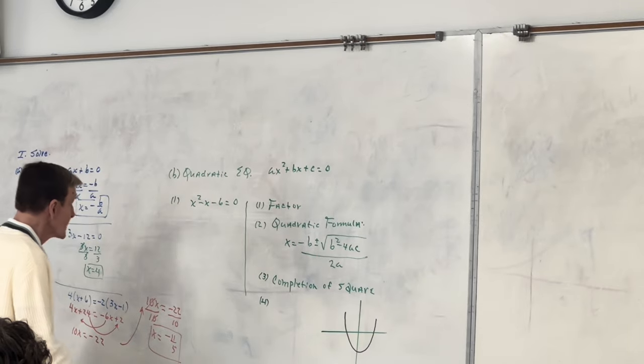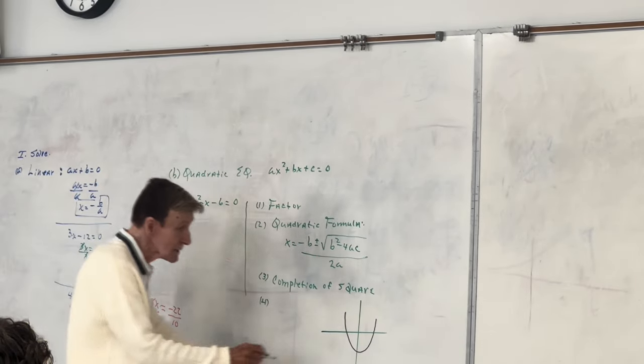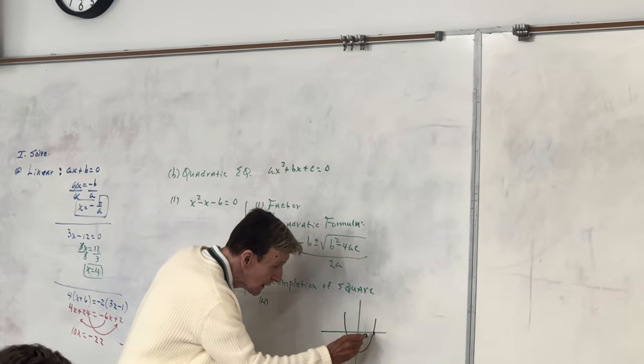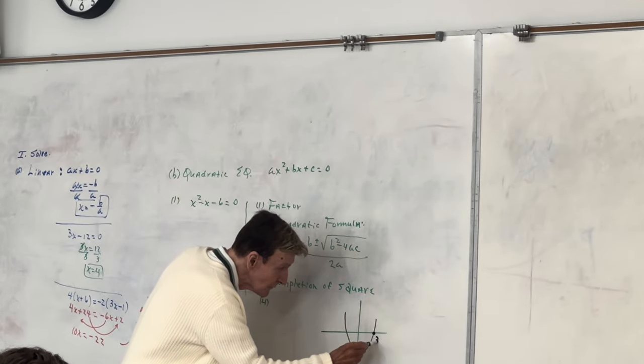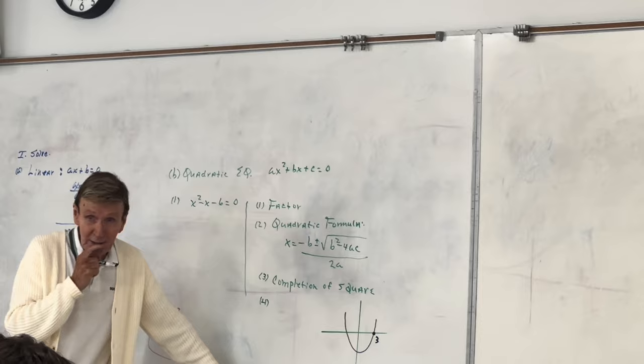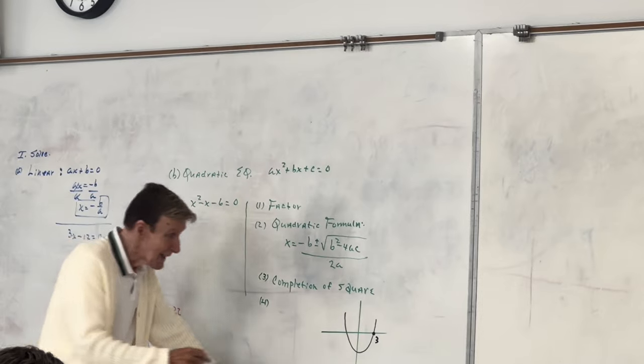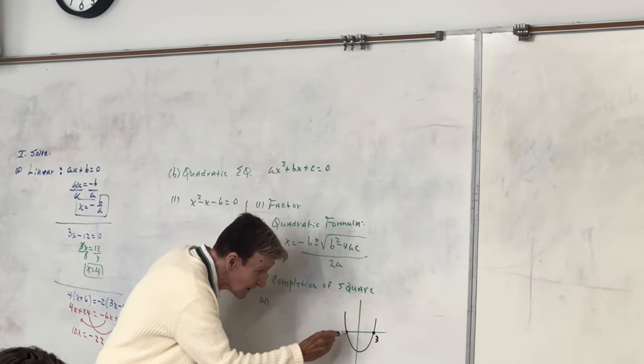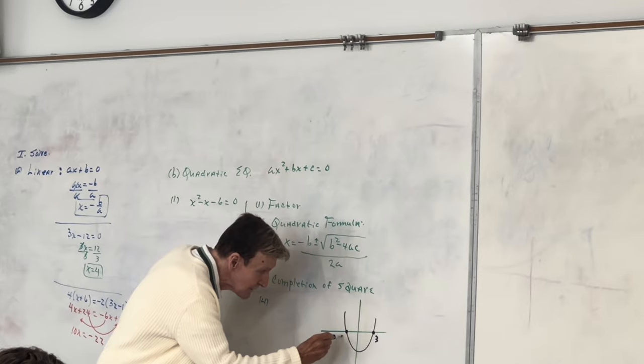And all of a sudden I look back here and maybe I do this. Real quickly. I say, okay, class. That parabola is going to cross the x-axis at 3 there. And it's going to cross the x-axis here at -2.